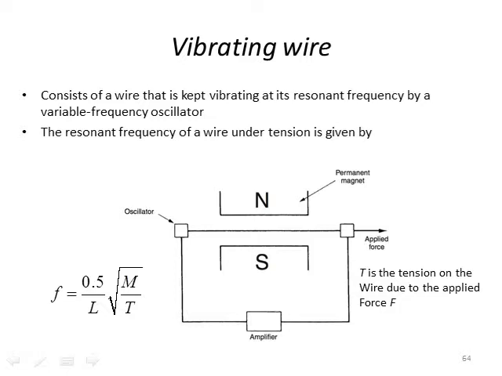It has a tension being applied through force F. And the resonant frequency, you can see in the square root, is affected by it. So the more force you apply to the system, the more your resonant frequency will change. And essentially, you have this wire that's kept vibrating, and then you use the magnets for some reason.